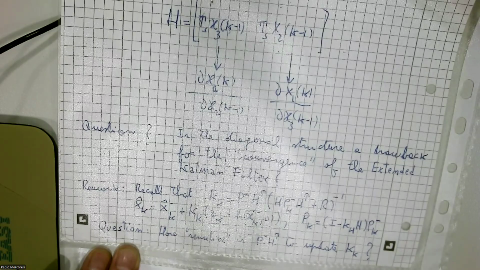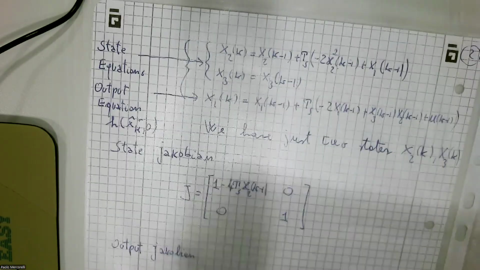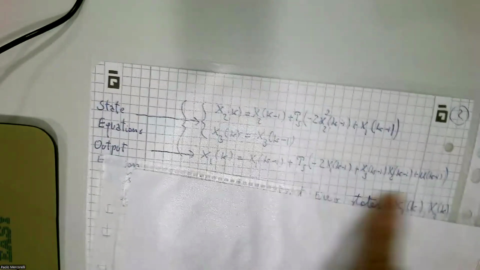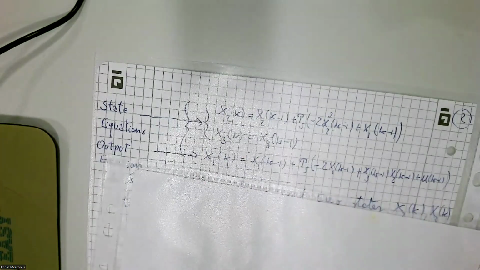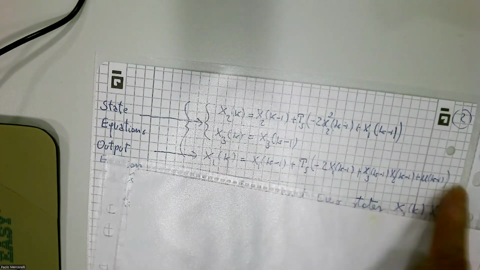I can insist on these calculations, but let me think just that nevertheless the system is connected, is interacting. The three elements which we have here, x1, x2, x3, are connected through the output.